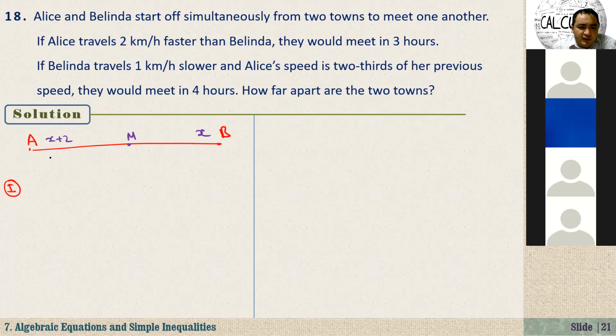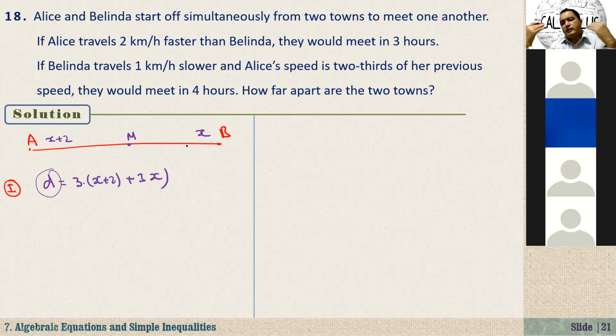So the distance between A and B, the distance is d, that will be 3 times Alice's speed, x plus 2, plus 3 times x. In a similar way, in the second case, you have to just model like this. We will have two equations, and since the distances are the same, the right-hand sides will be equal. Then you have to solve the question, okay?